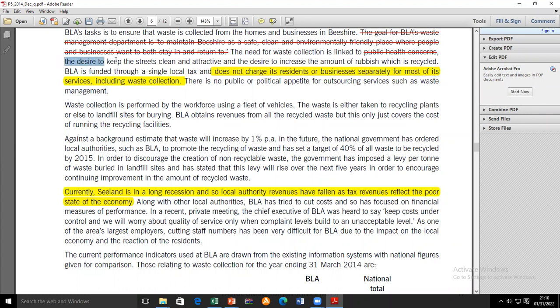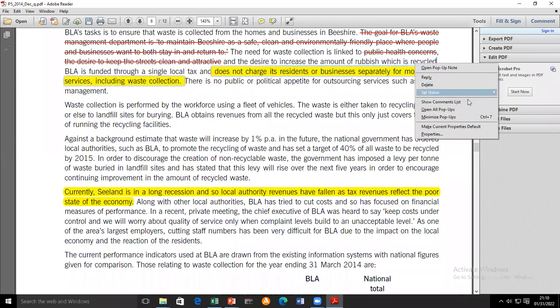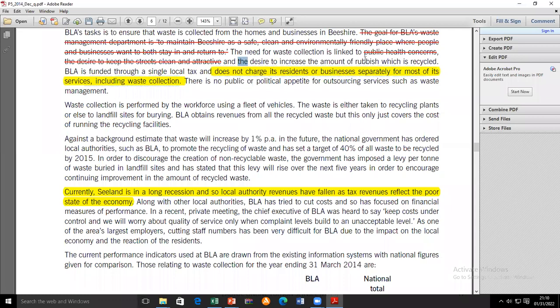Then the desire to keep the streets clean. And is there to increase rubbish which is recycled. So there are 3 objectives.